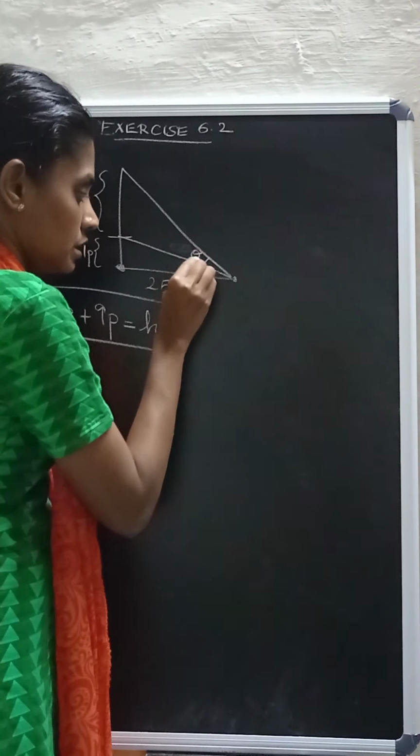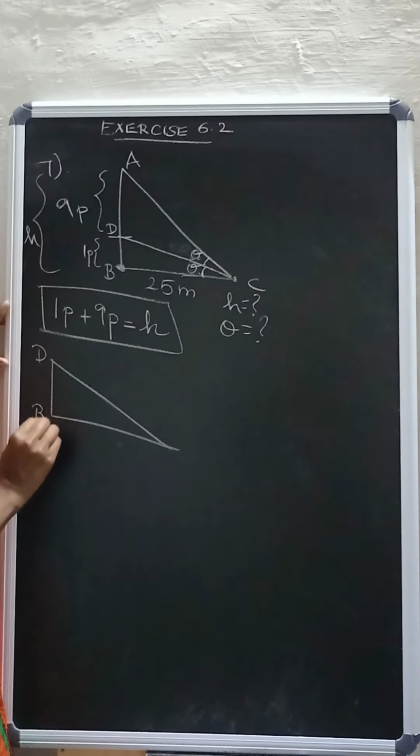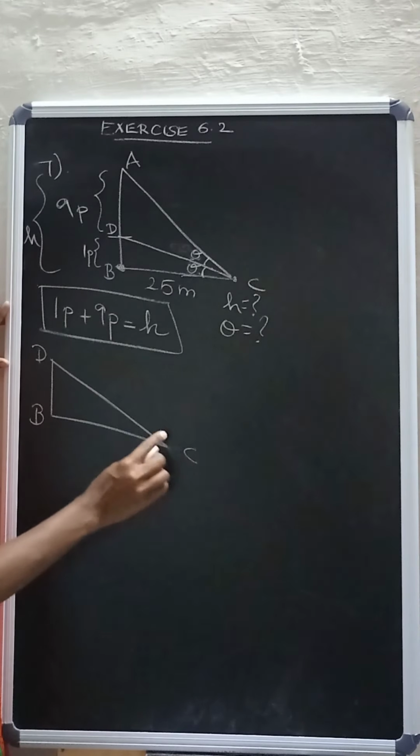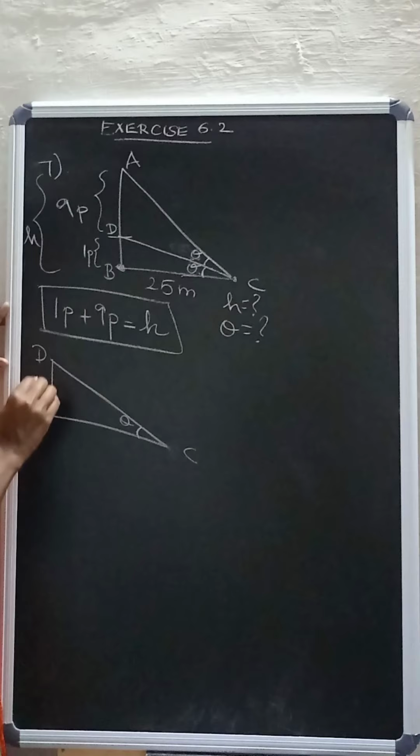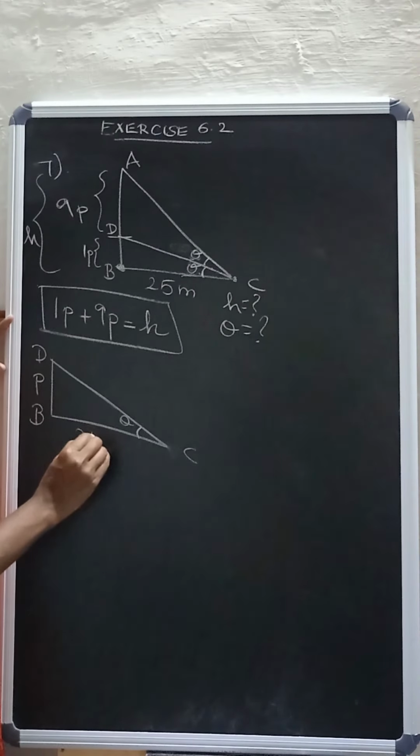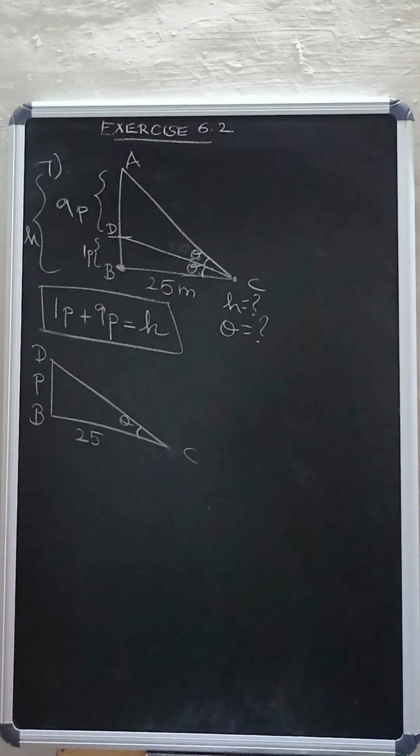Now, split it into two triangles and take it. Name these triangles A, B, C and D. Now take D, B, C. So this is theta, this is p and this is 25.